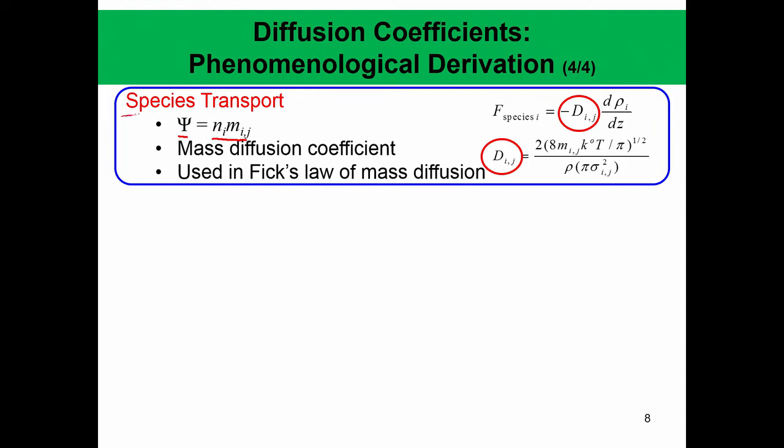This is the species transport, and then we can substitute d xi dz with the associated derivative dni dz, and we can write dni dz in terms of d rho i dz. We can convert those things with appropriate constants, and then we can find the mass diffusion coefficient, and if we do that, we will find that the flux of species i is essentially given by minus dij times d rho i dz, where d is given by this formula.